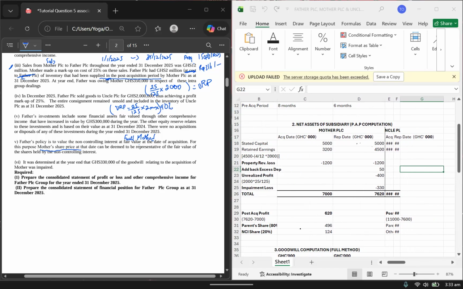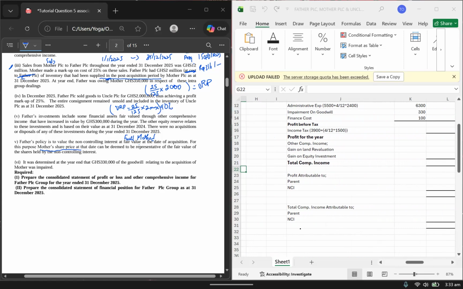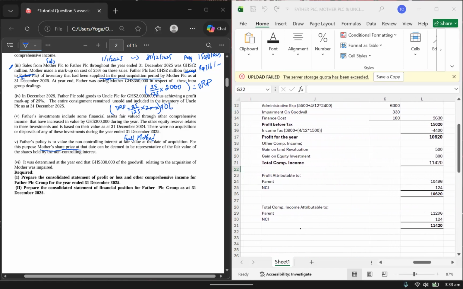But if I had not subtracted impairments from it, then to look for the NCI here, I'll bring that PAP, the share of PAP, let's say XX.